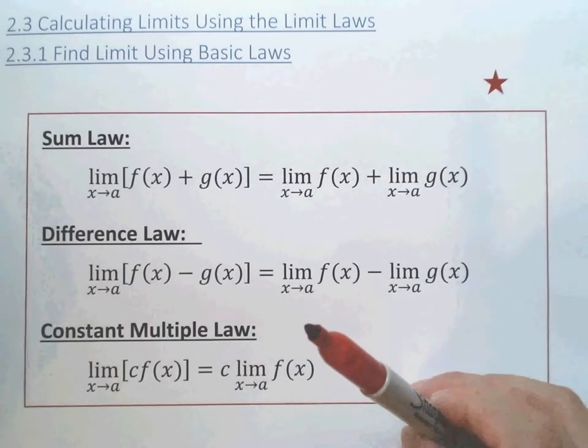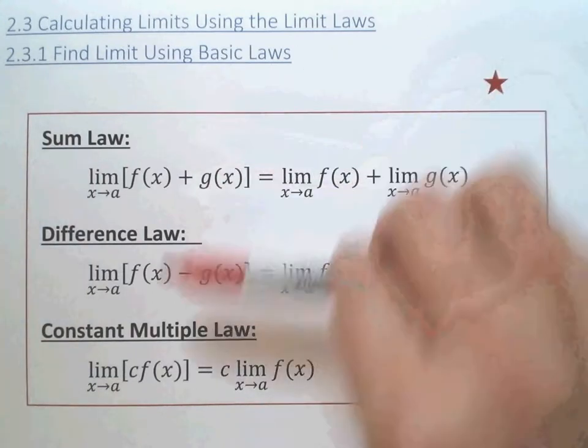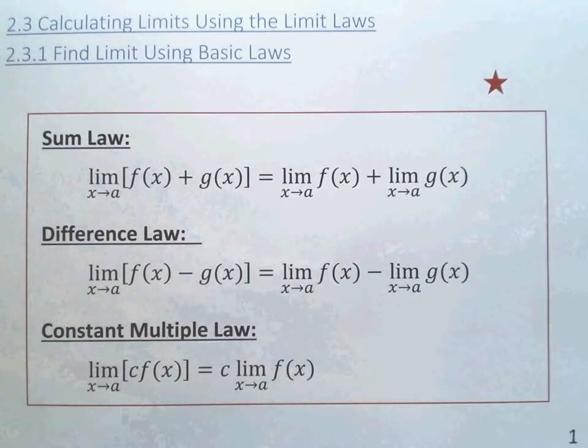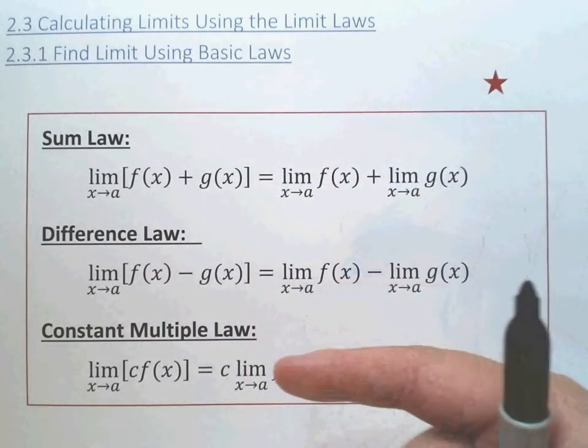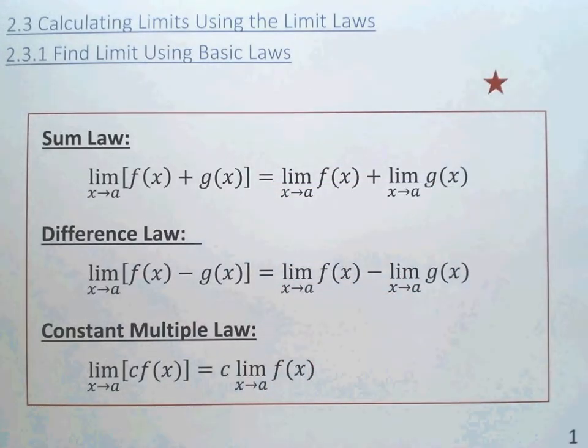If we put these three together, we call it the linear property.